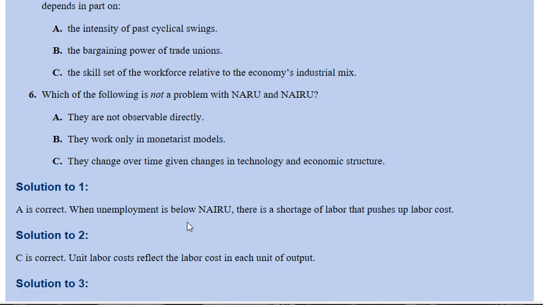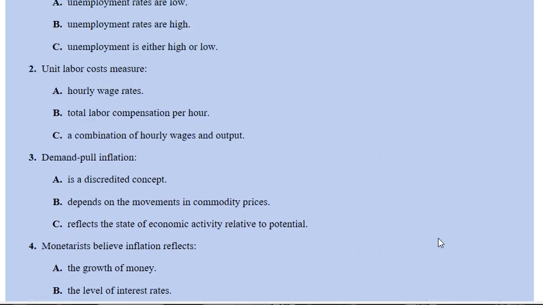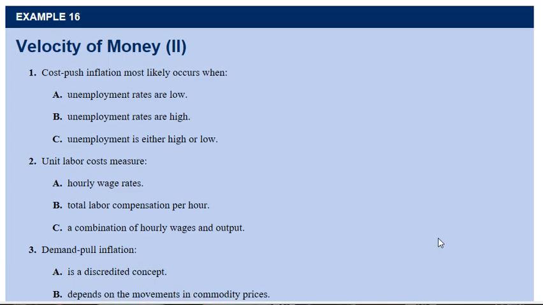When unemployment is below the non-accelerating inflation rate of unemployment, there's a shortage of labor that pushes up the labor cost. Okay, so cost push inflation most likely occurs when unemployment rates are low. Well, that makes sense. If unemployment rates are low, then people are perhaps demanding higher wages, which is going to increase the labor costs, and that's going to be a cost push.